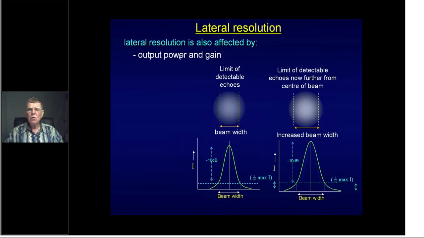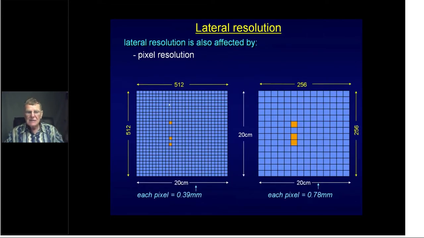And therefore, with increased echo amplitude, you will find that the lateral resolution will degrade. So, same thing as with axial resolution. You don't want to increase that any more than necessary. In a similar way that we've discussed with axial resolution, it's possible your image memory might affect lateral resolution.